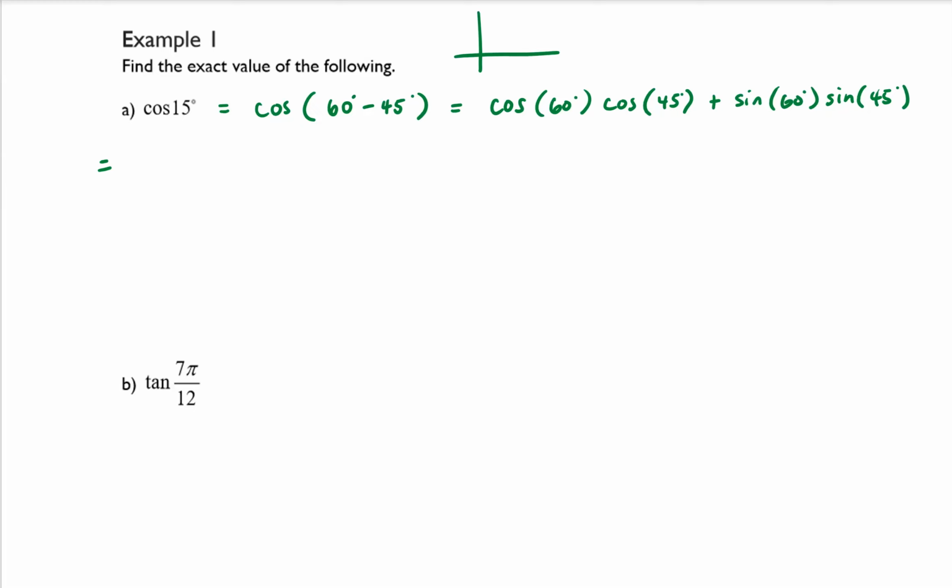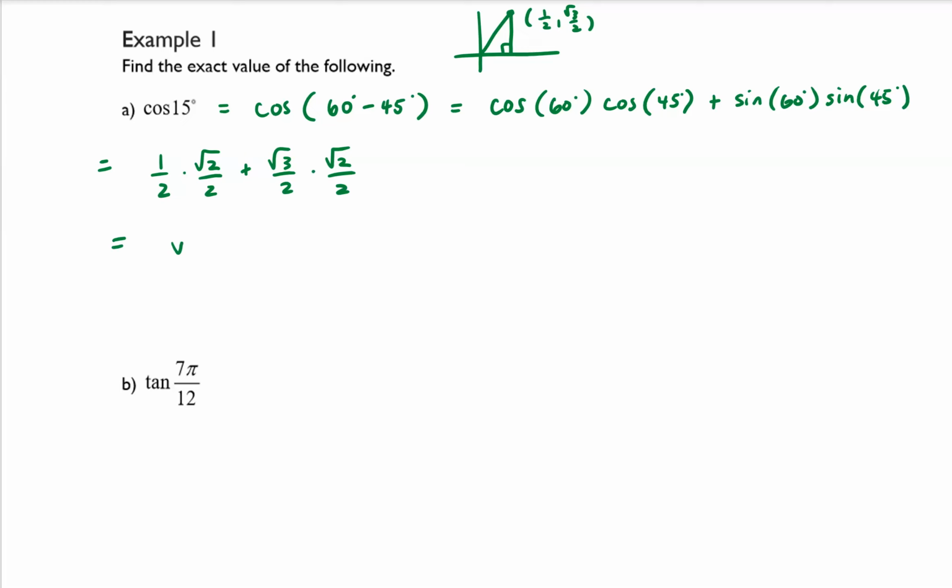If you are on the unit circle and you have 60 degrees, the terminal point here is 1/2 comma root 3 over 2. So cosine of 60 degrees would be 1/2. Cosine of 45 degrees is going to be root 2 over 2. Plus sine of 60 degrees is root 3 over 2. And sine of 45 degrees is root 2 over 2.